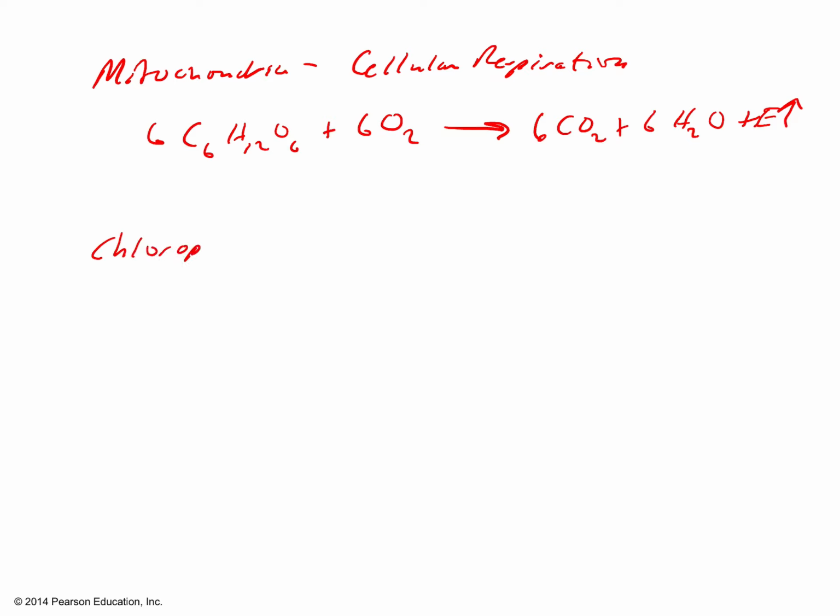Now, in the chloroplast, we have photosynthesis. So again, this is the process that plants use to turn CO2 and energy from sunlight and water into sugar molecules. So what's going on there? Well, a plant in its chloroplast will take 6 molecules of CO2, combine it with 6 molecules of water.